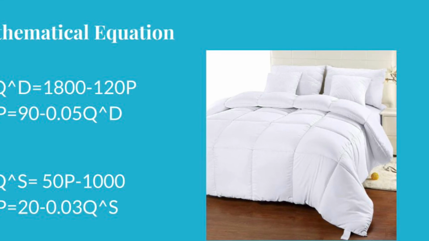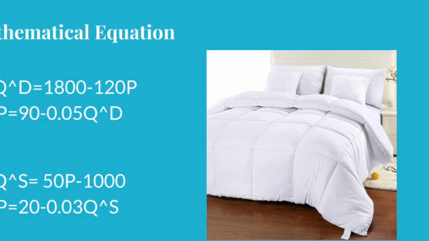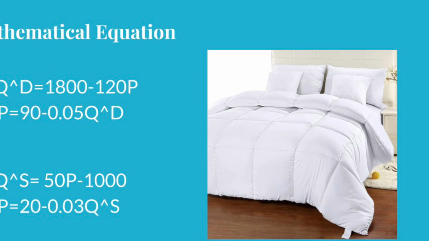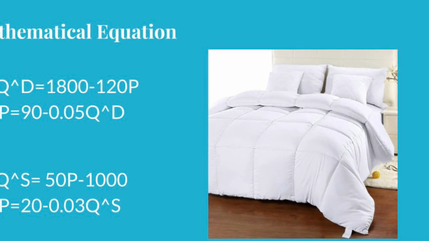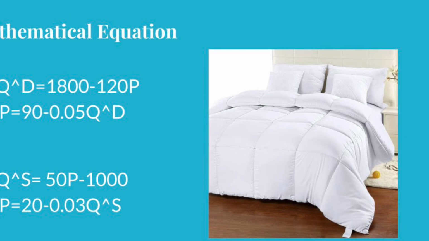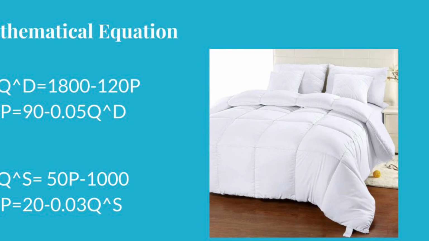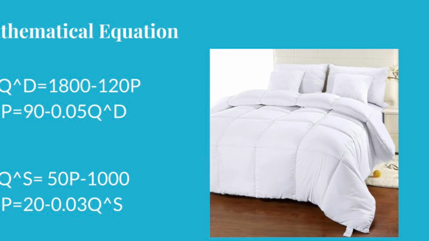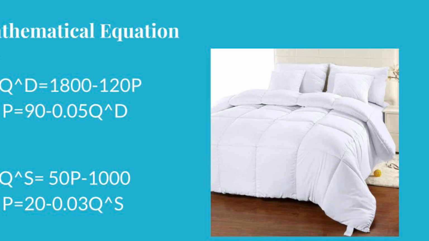Consider a demand curve for a comforter that is described by the following function: Q^D = 1800 - 120p. Note that with the supply and demand curves, we draw graphs with quantity on the horizontal axis and price on the vertical.